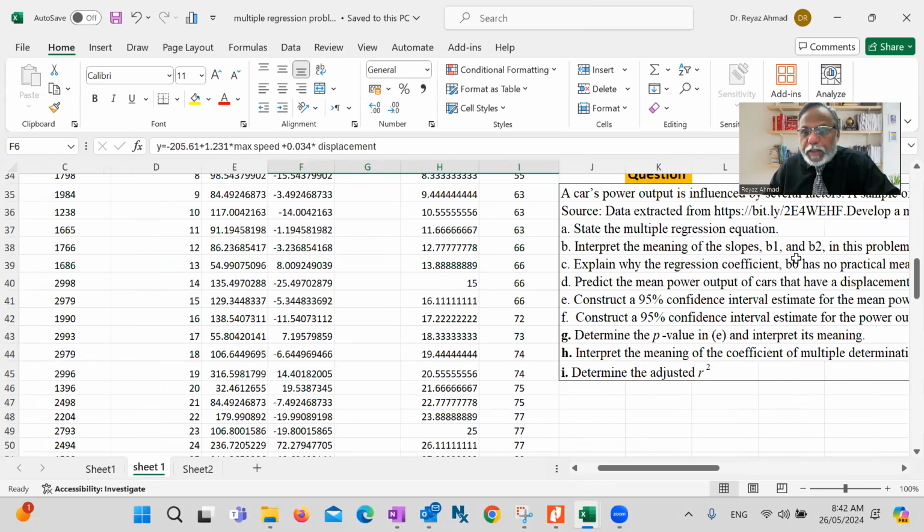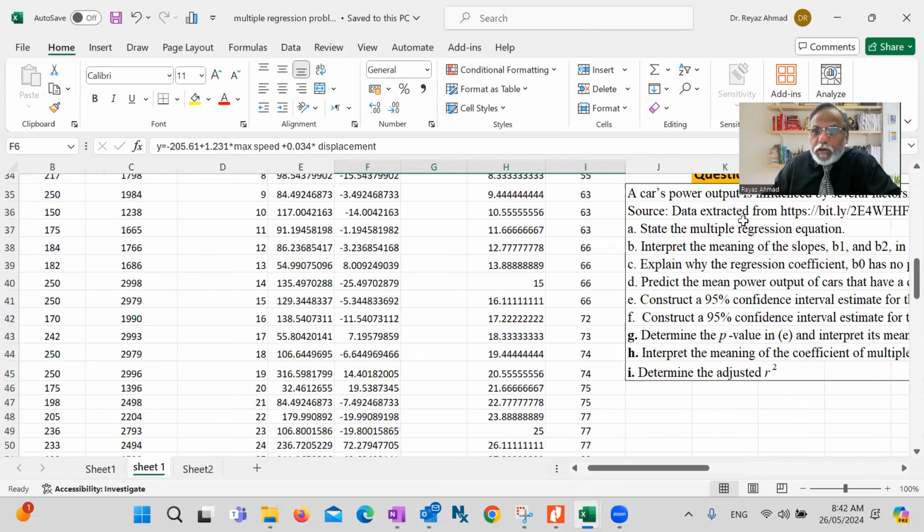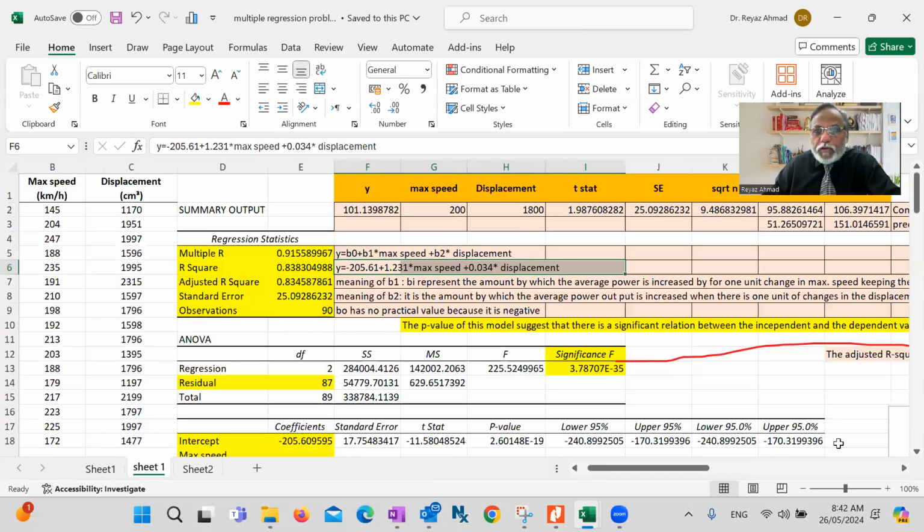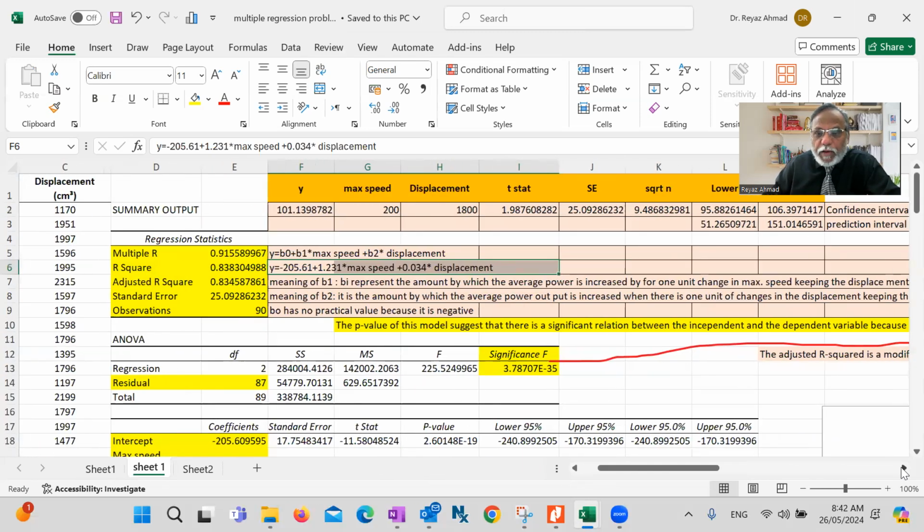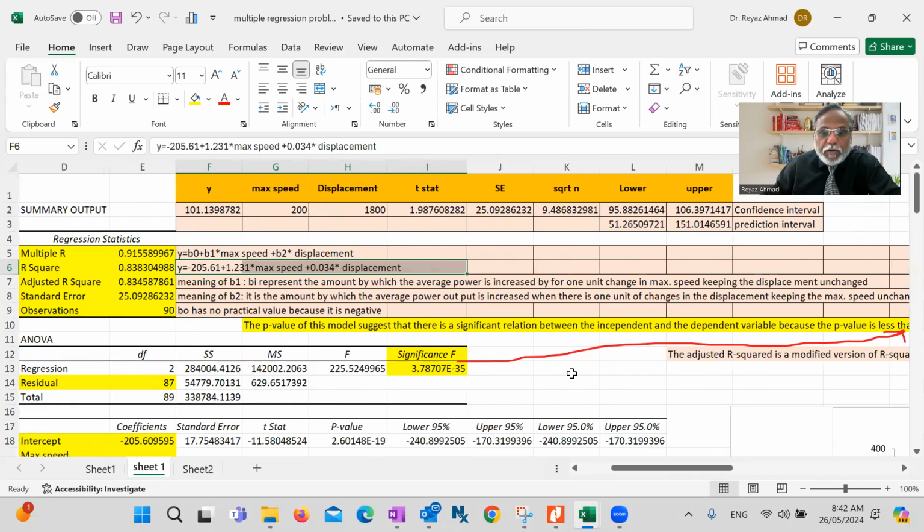Next is: interpret the meaning of slope B1 and B2. You already have this sheet with you, so I will just read it out and leave it for you because it's already over here. As I explained in the class, here is the meaning of B1. B1 represents the amount by which the average power, the Y value, is increased for 1 unit change in the maximum speed, the x1 variable, keeping the displacement unchanged.